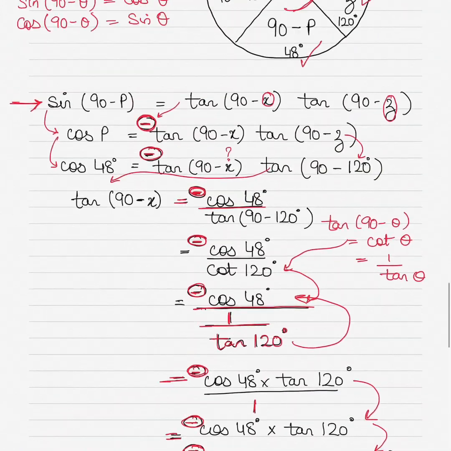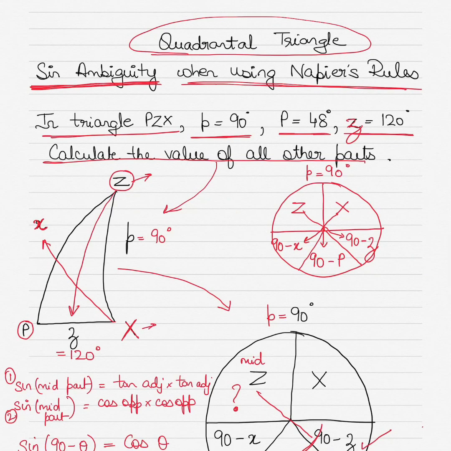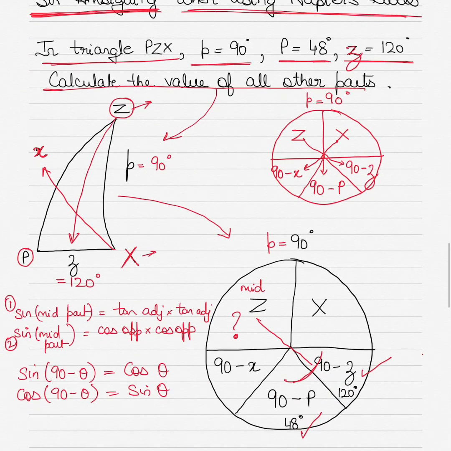Now when it comes to a spherical triangle, you have to remember that there is a rule associated with it. The rule is that if the value of the side is more than 90 degrees, the value of the angle will also be more than 90 degrees. That is the rule that goes with spherical triangles. So you always have to be very mindful of the values of the sides and the corresponding angles.